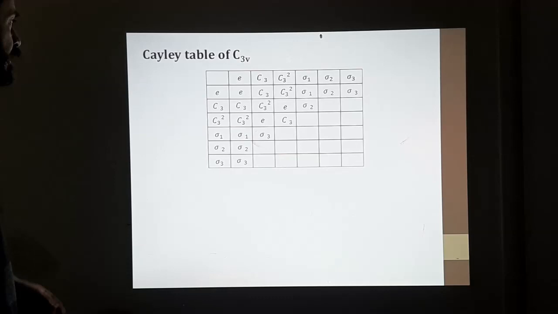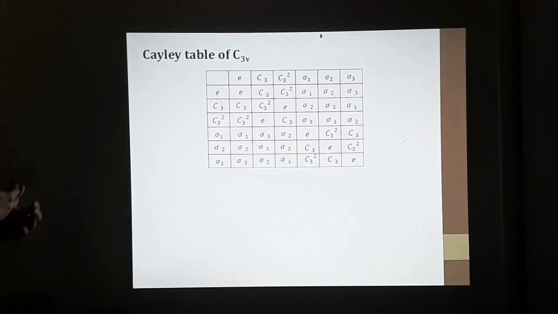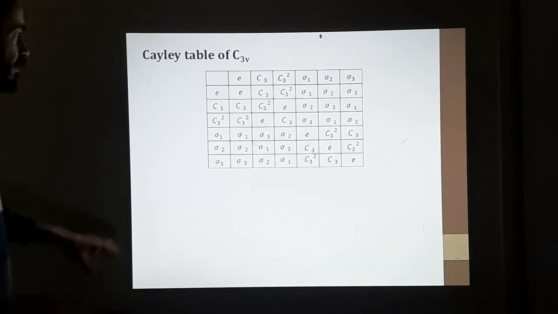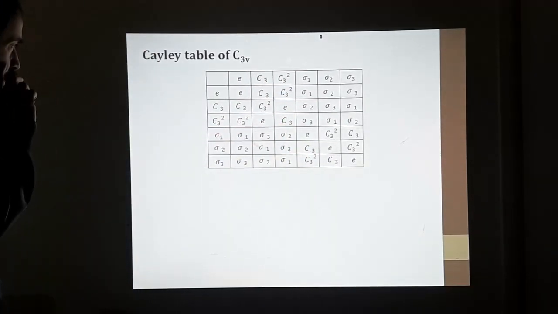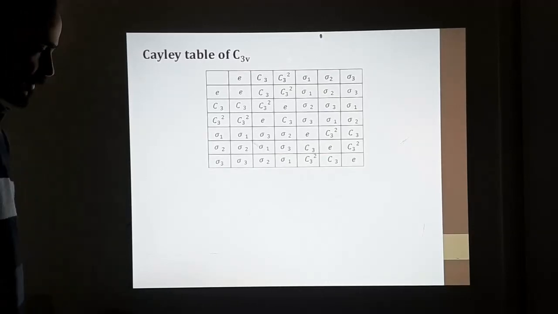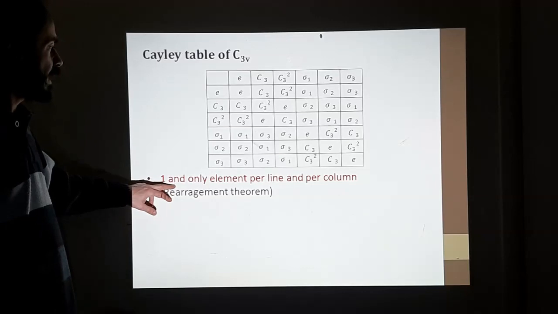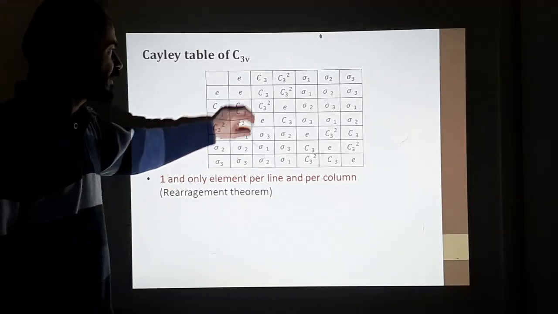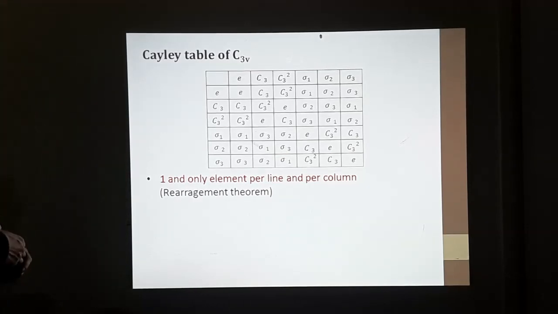By proceeding the same way, you can calculate all the elements of the multiplication table. Now, an important remark is that you must have only one occurrence of each element per line and per column. Why? Due to the rearrangement theorem.